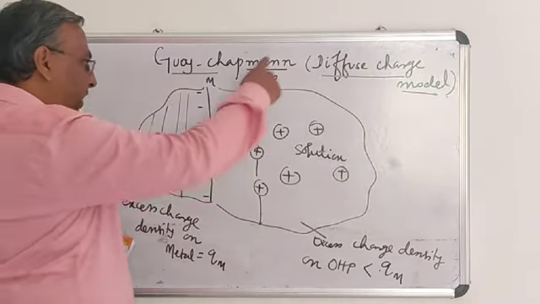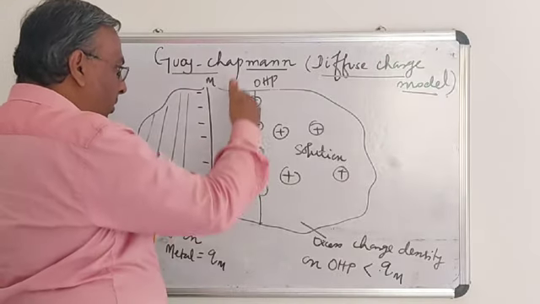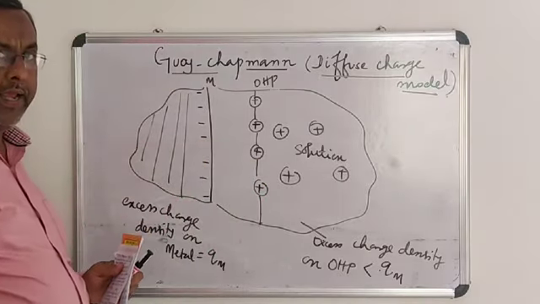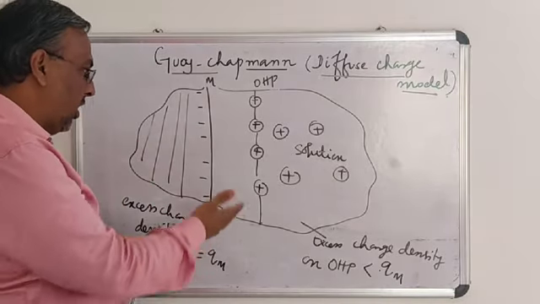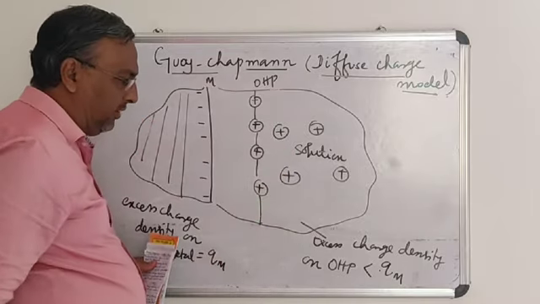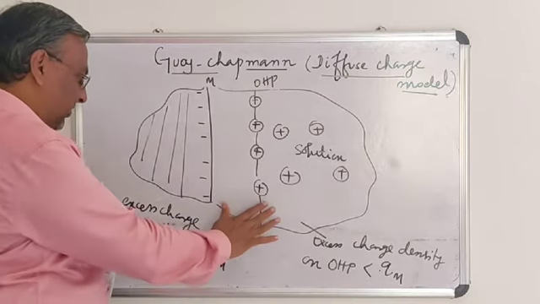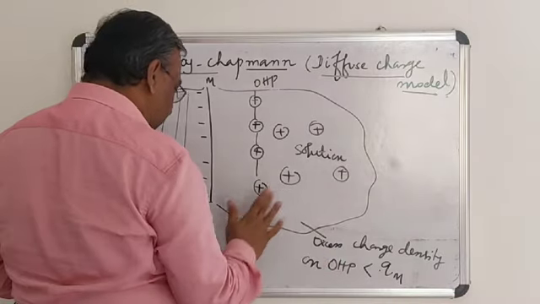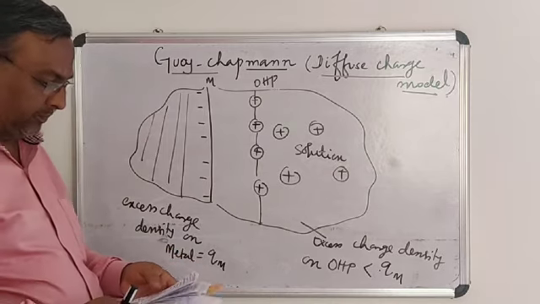The charge density due to the ions will not be the same. It will be less than the charge density on the metal.